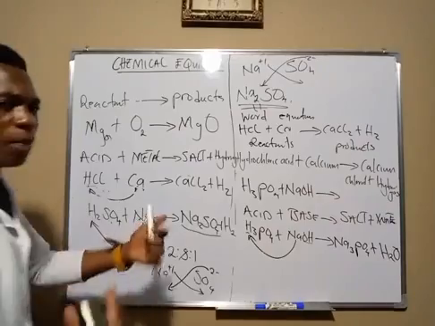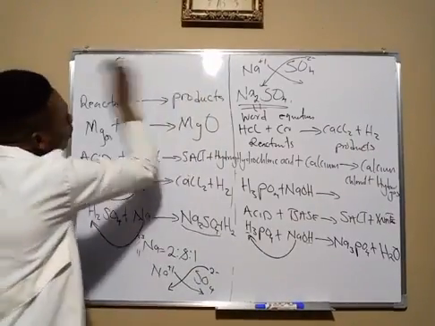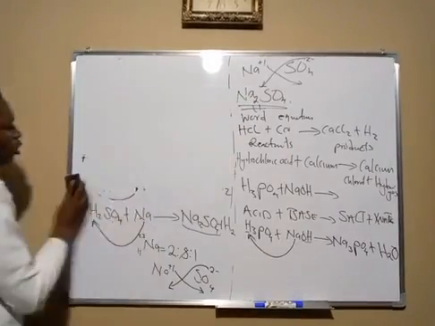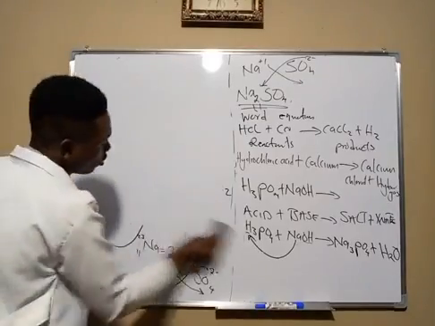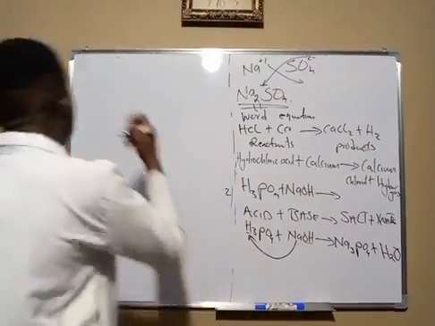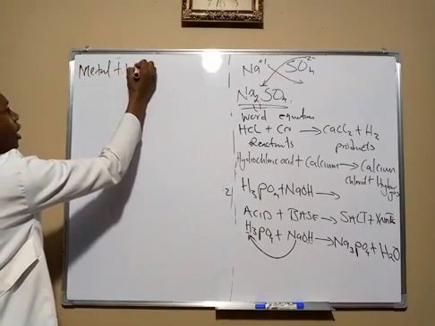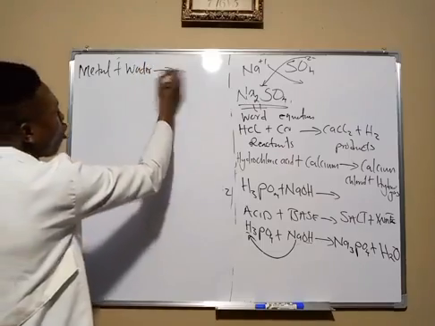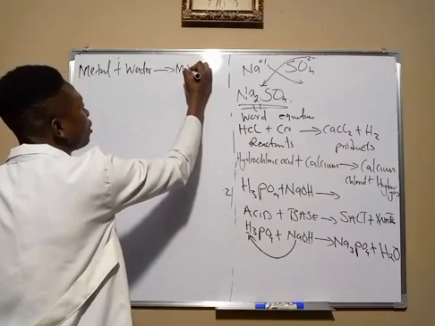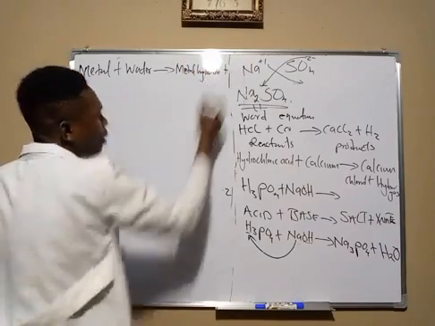Okay, so let's talk about some more equations that I want you to understand today. We are talking about chemical equations. The other equation is that a metal will react with water to form metal hydroxide plus hydrogen gas. Give me any metal. We can write sodium is a metal plus H2O. This is how you form equations.